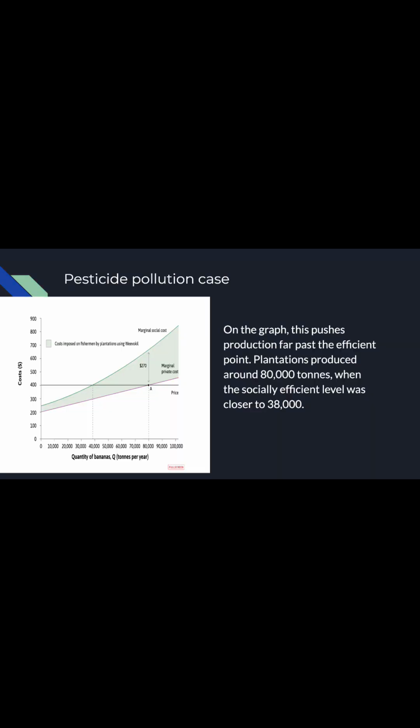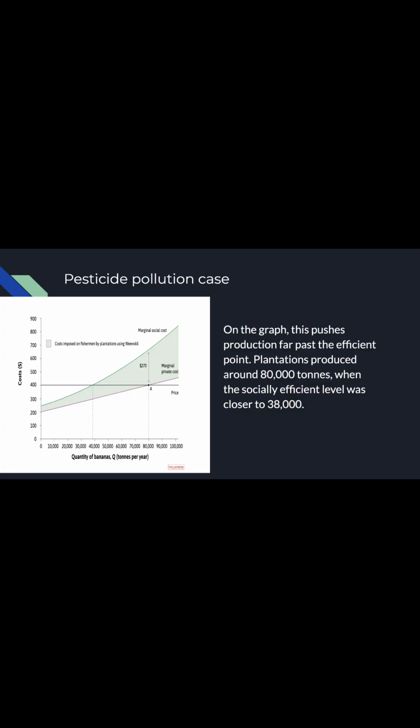We're going to take a deeper dive into the pesticide pollution case with the Martinique and Guadeloupe areas and show a graph of that. The graph shows the real-life case of the Martinique and Guadeloupe pesticide incidents.